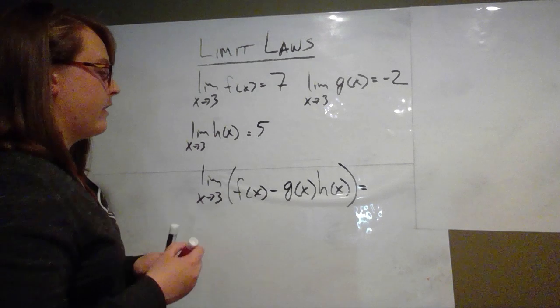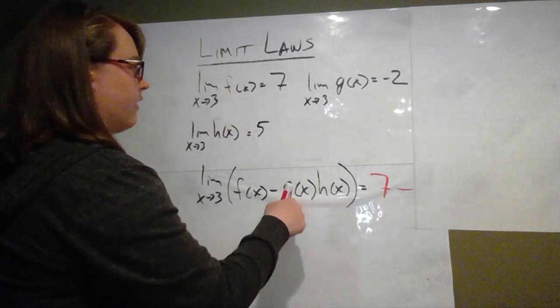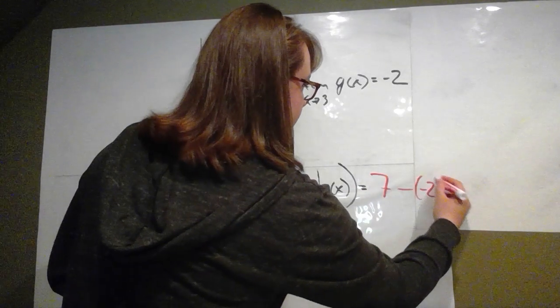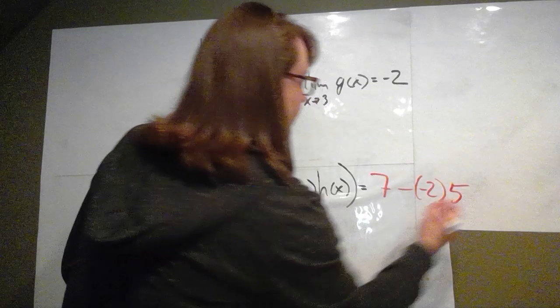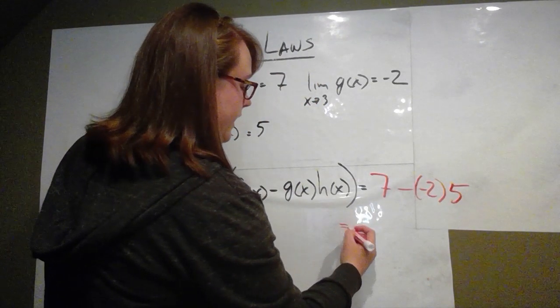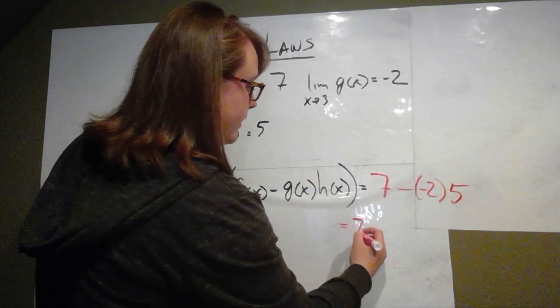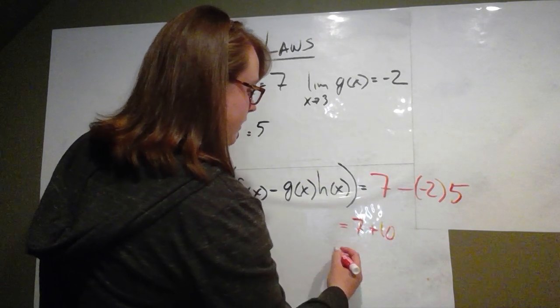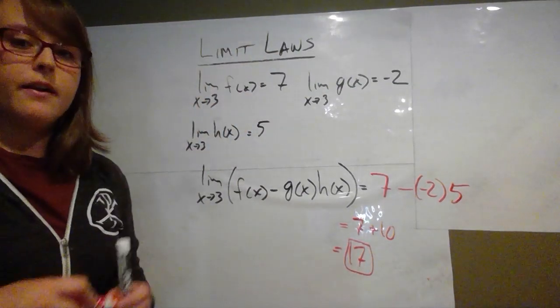Our limit for f of x was 7 minus our limit for g of x, which was -2, times our limit for h of x, which was 5. That gives us -10, since -2 times 5 is -10, but since it's already subtracted, we get 7 plus 10, which is 17 for our final limit there.